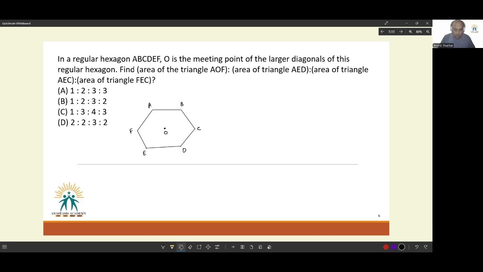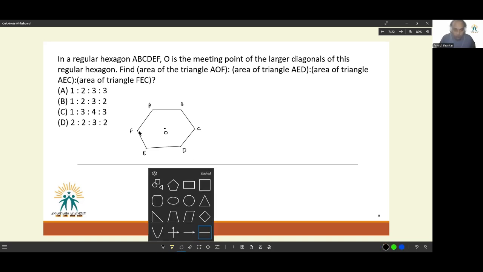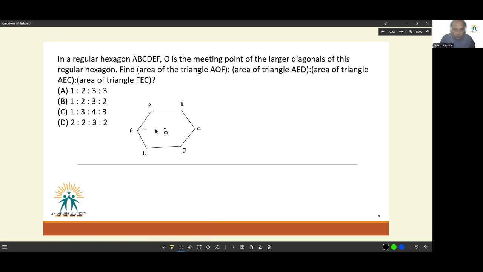let me also go ahead and make these lines. The longer diagonals are these. I am not making proper lines. I'm making lines freehand.